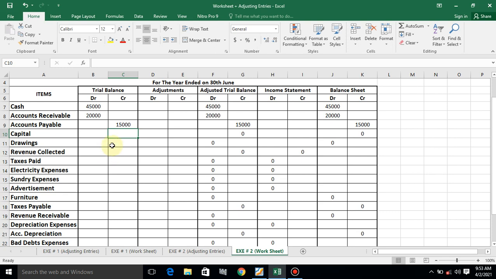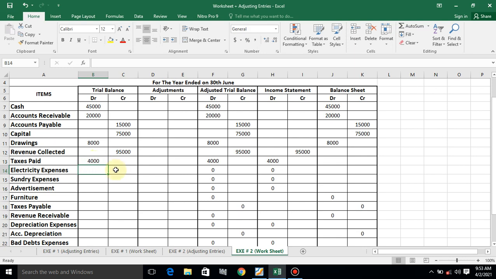Then we have capital of 75,000, and then we have drawings of 8,000 on debit side. Then we have revenue collected of 95,000 on credit side. All these values I am taking from trial balance, so there is nothing to confuse about. Taxes paid 4,000 on debit side.